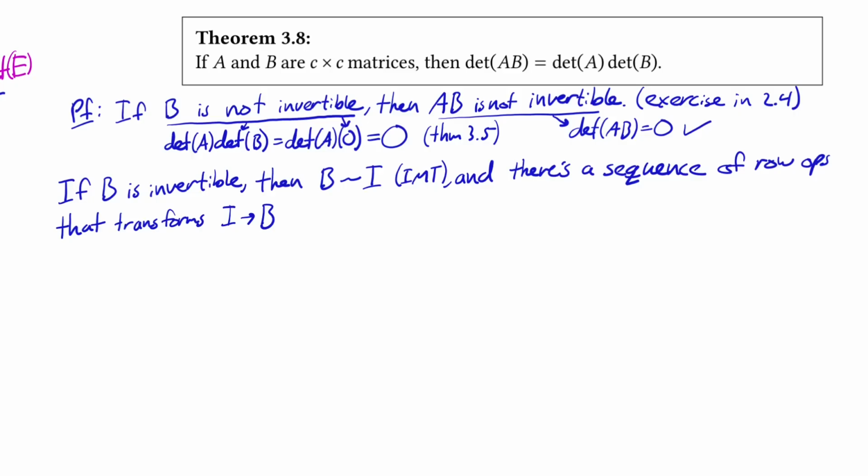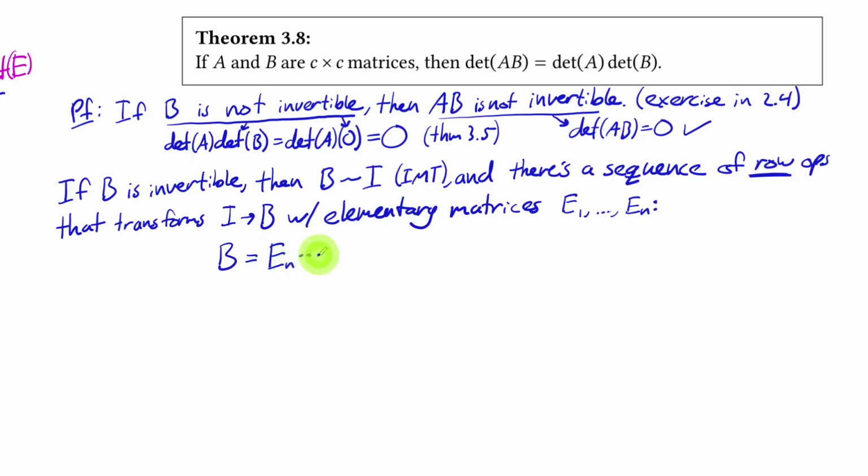And we also know that row operations have elementary matrices that you could multiply by the identity in the right order to get B, to do those row operations. So in other words, we can say that B is the result of first doing the row operation 1 to the identity.